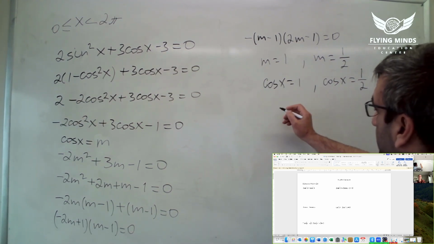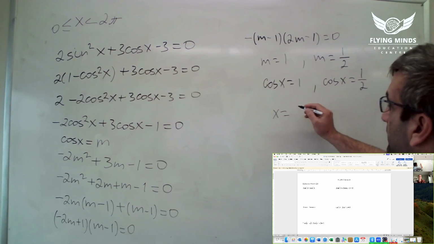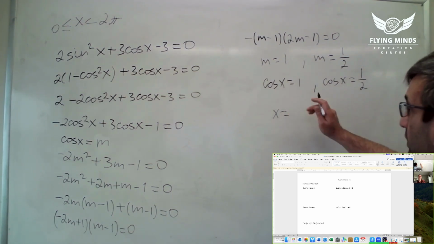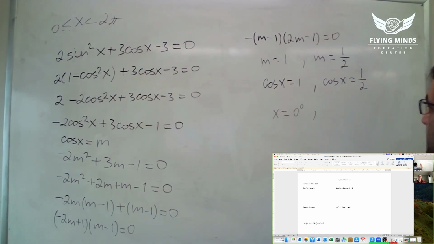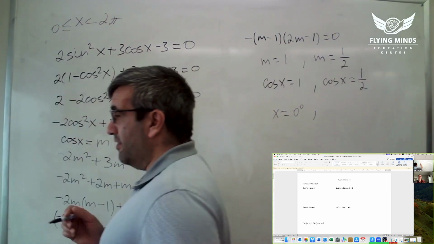Okay. So that would make the x's equal to 0. Cosine equals to 1. Okay, 0. And x is, for a half, pi over 3. Pi over 3.